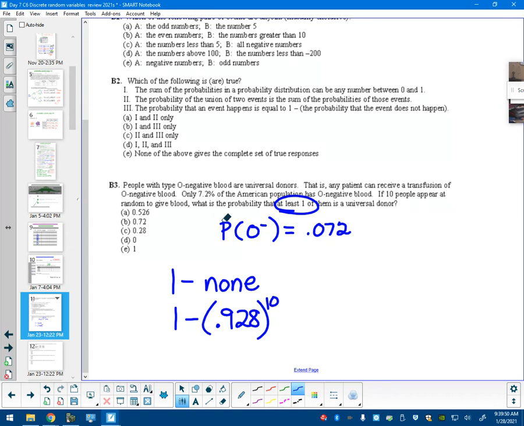Because if this is the probability you have it, the probability you are not O negative is 1 minus 0.072, which is 0.928. So get 10 people in that don't have it. If you do that in your calculator, you get 0.526 something.